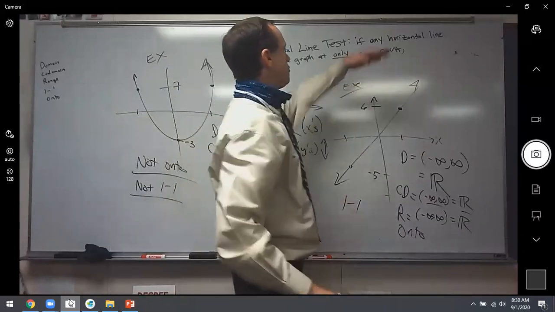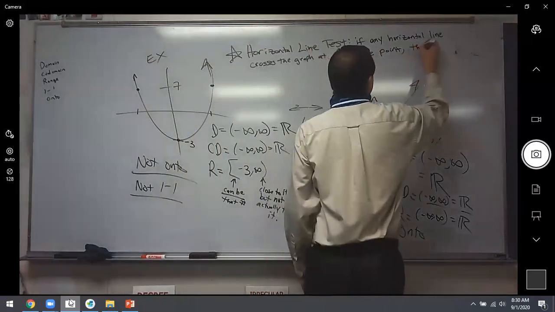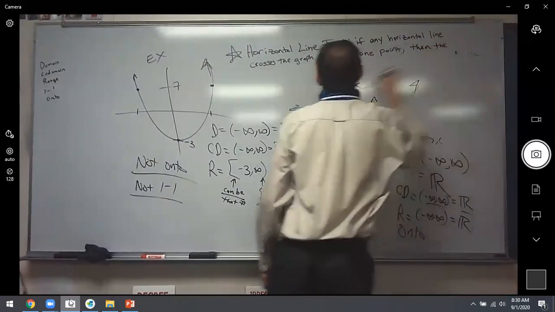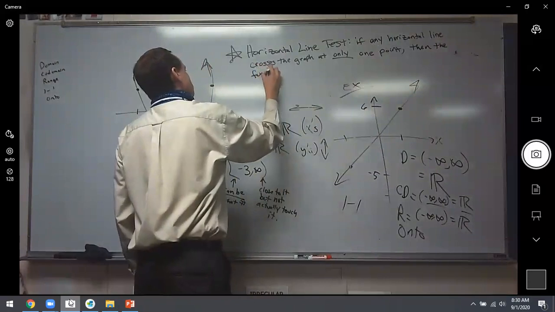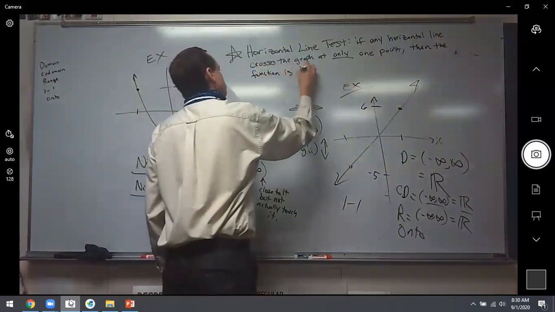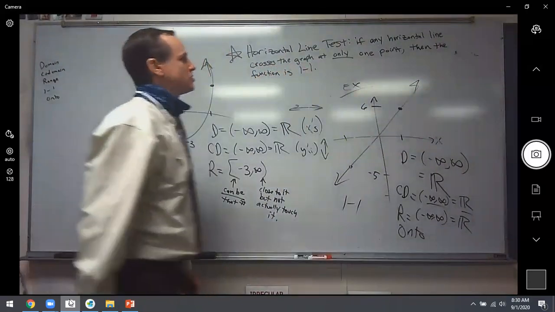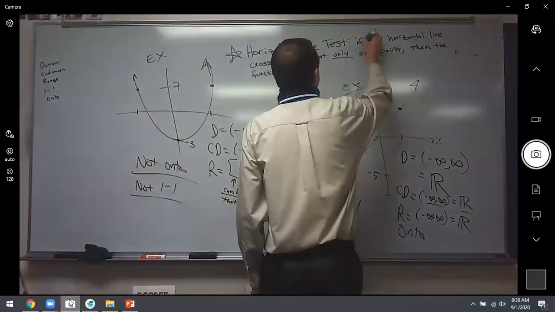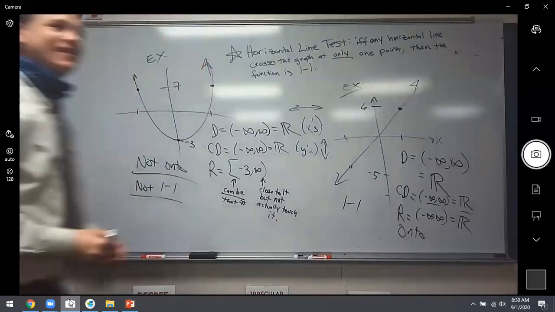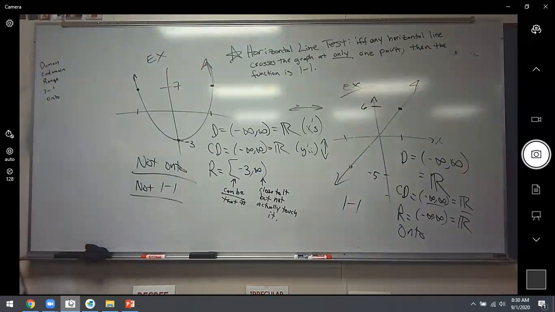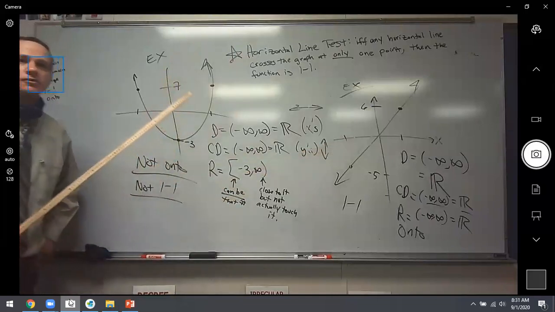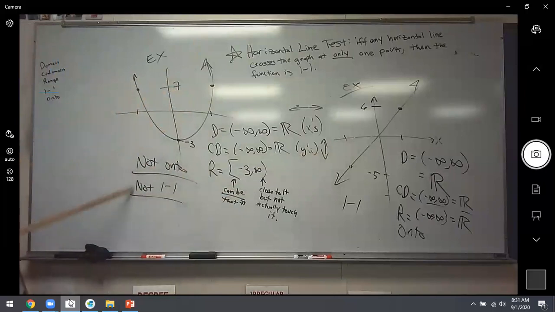So if you do this, then the function is 1 to 1. And I should say IFF, like if and only if, don't worry about that, geometry stuff. This is only true if it passes this test. So what's it mean if it doesn't cross at only one point? Then it's not 1 to 1.